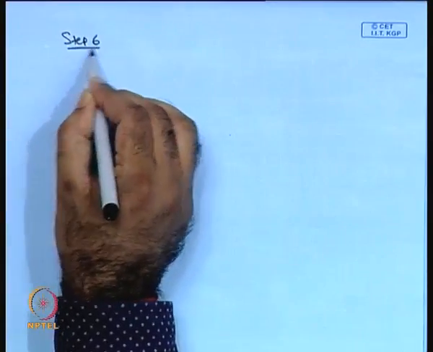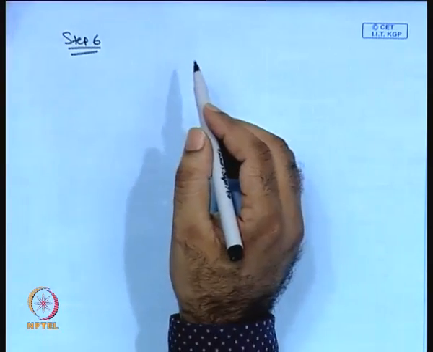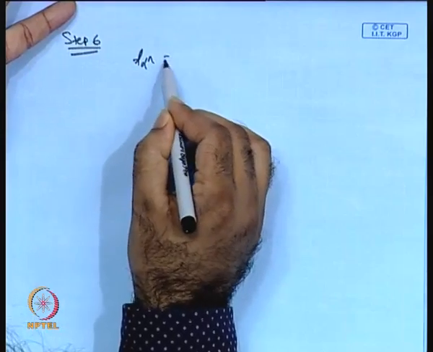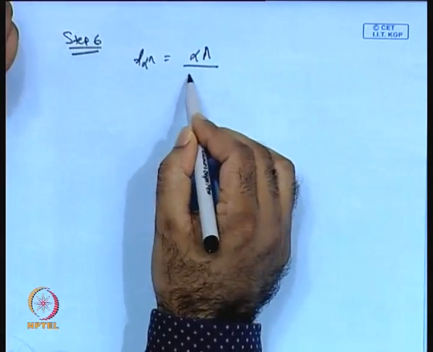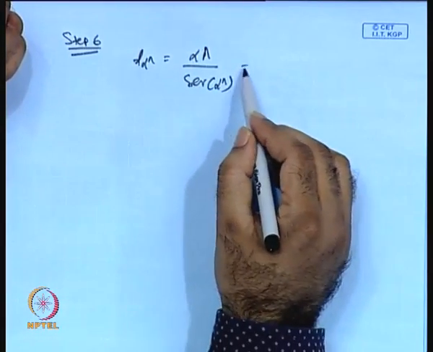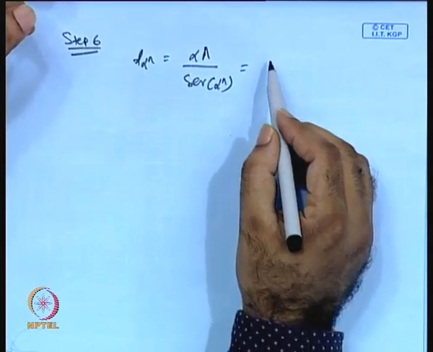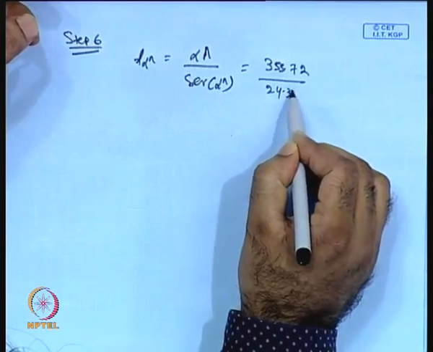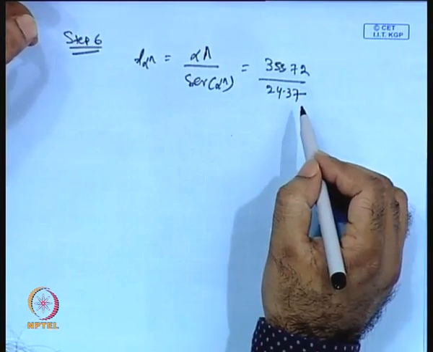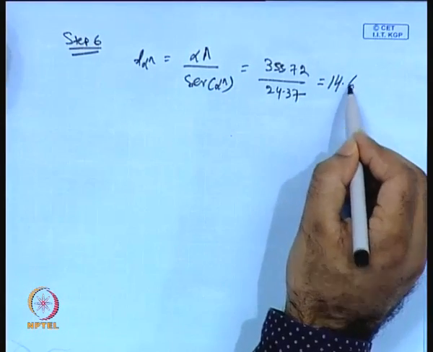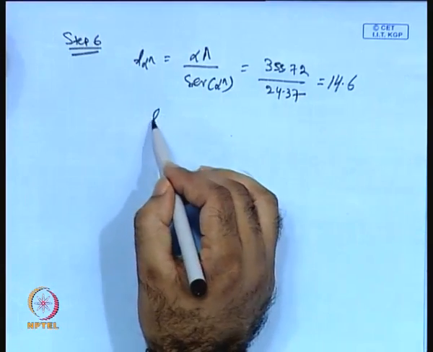Now, to test all these hypotheses, we need to move to step 6. What is step 6? Since alpha head equal to 0, T of alpha head equals alpha head by the standard error of alpha head, and T of beta head similarly. So, 355.72 divided by 24.37 is what we call T of alpha head, which we will get as 14.6.